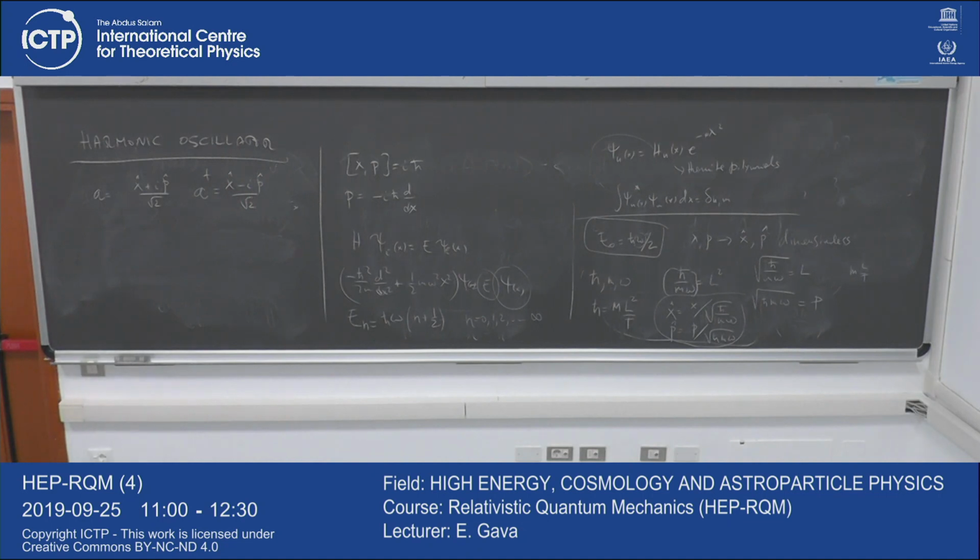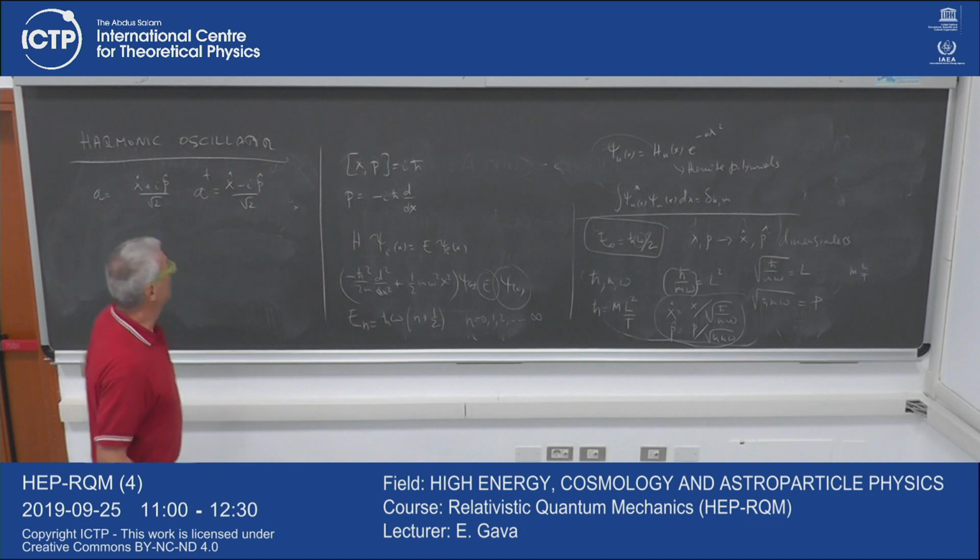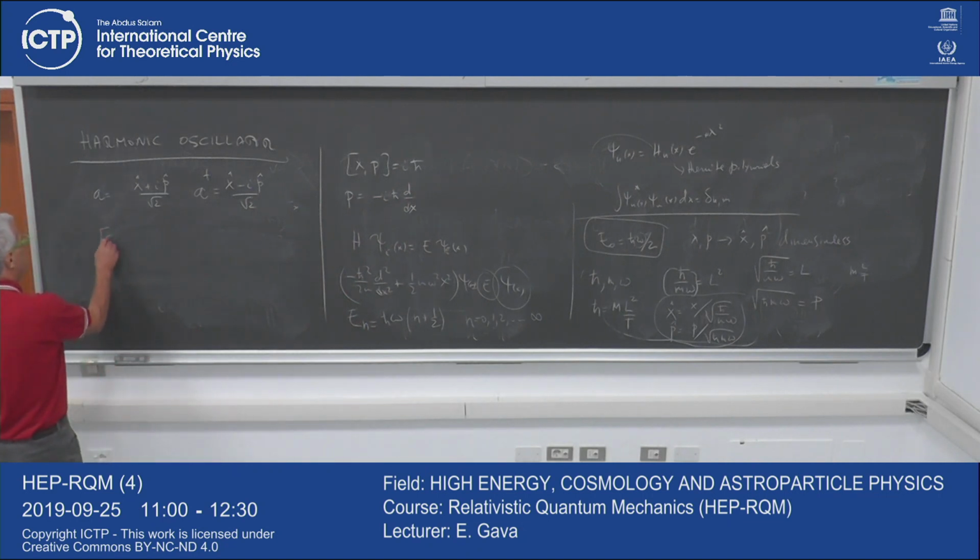Due to the commutation relation, we can compute the commutator of A and A dagger, and what one finds is that this is just equal to 1. Just a change of variables, nothing more than that. So these are the variables that we will use.